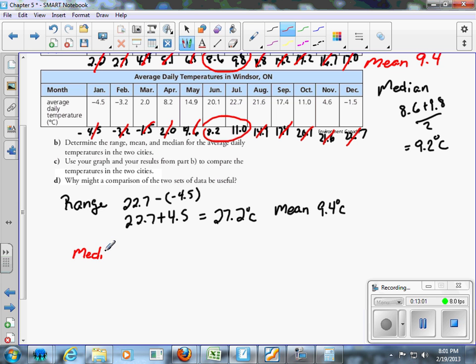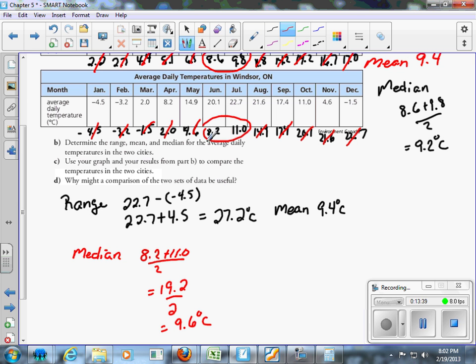So median, 8.2 plus 11.0 divided by 2, or 19.2 divided by 2, or 9.6 degrees Celsius.